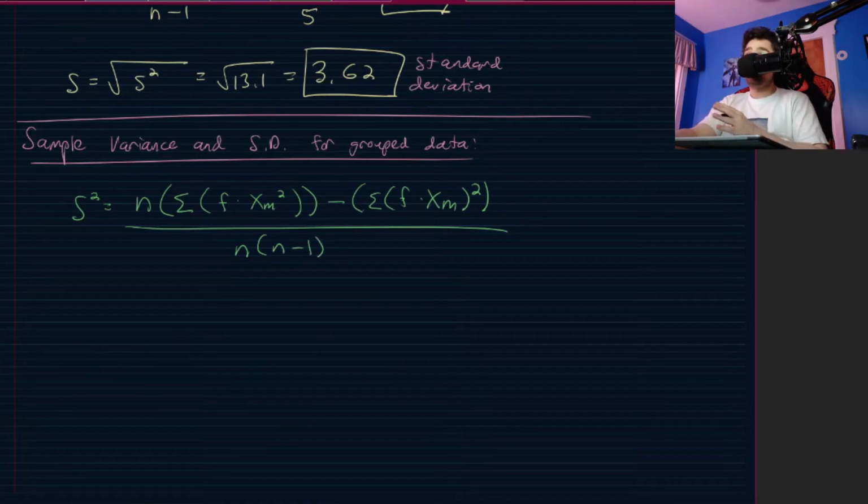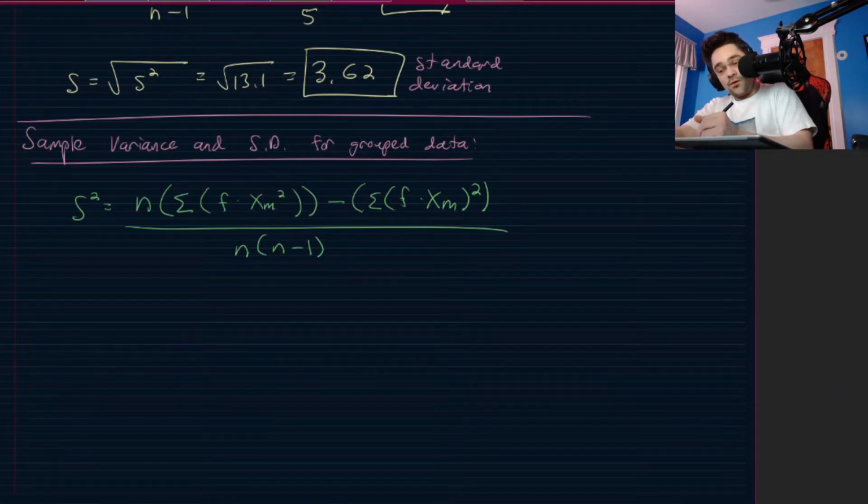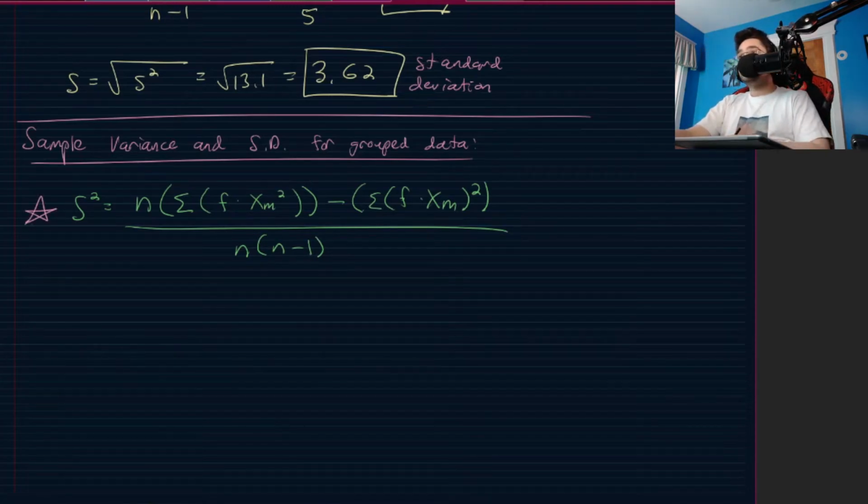Not a nice formula. A very ugly, horrible formula. I probably won't have you guys memorize this one. If I put this on a test or quiz, I'll include the formula in the question or something like that. But I'll put a star next to it anyway, because it is an important formula. And also, the standard deviation for grouped data, since it's s and variance was s squared, it's just the square root of s squared.